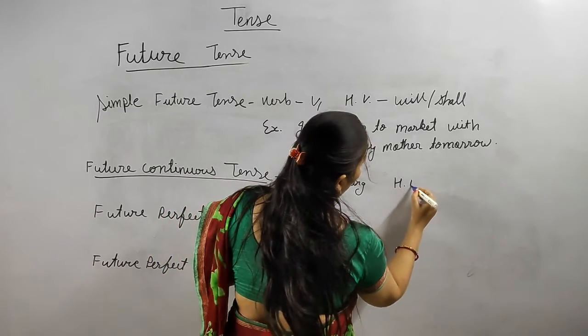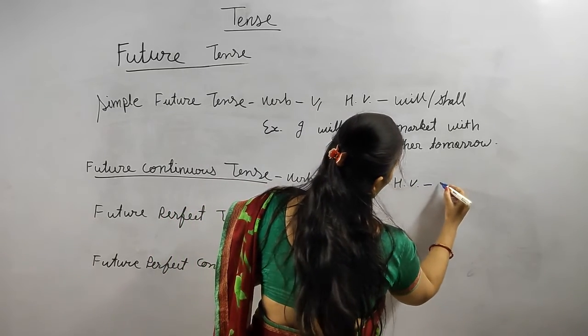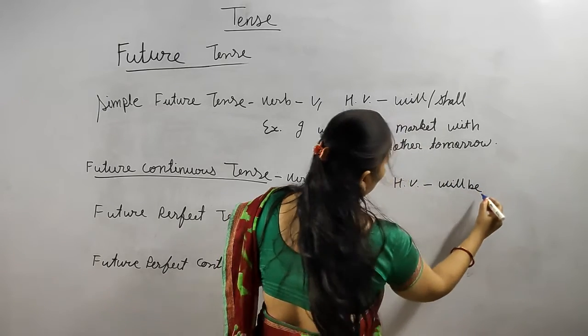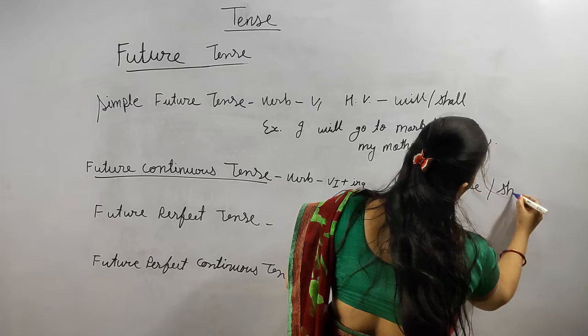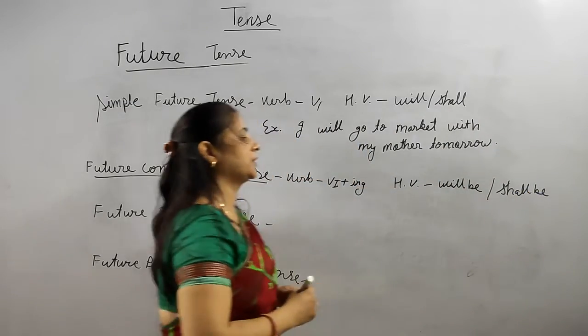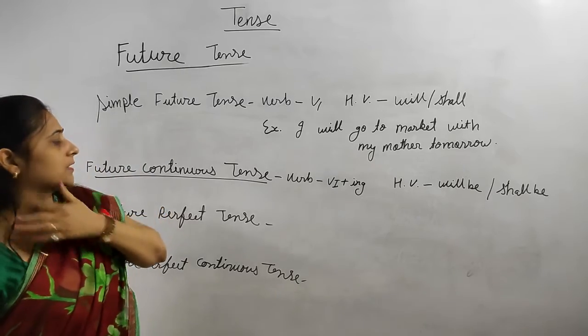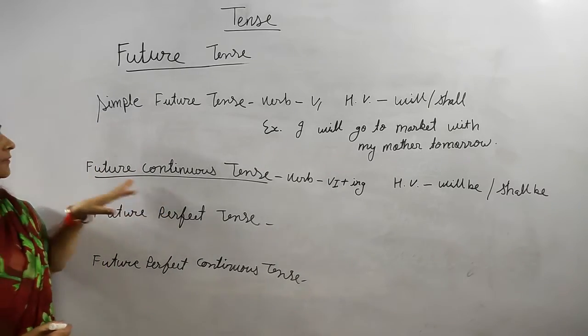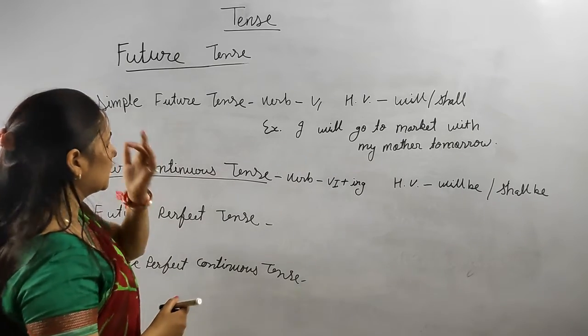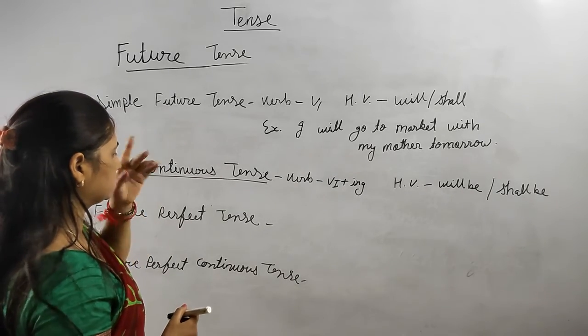Helping verb will be and shall be. We will use as a helping verb of simple future continuous tense. Look at the example.